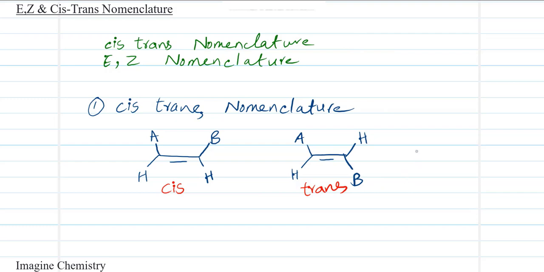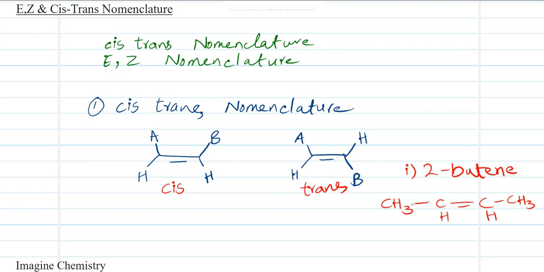For example, we have 2-butene. We have already discussed it in a previous lecture. So what is 2-butene? Let's first write the simple structure. So this is 2-butene.